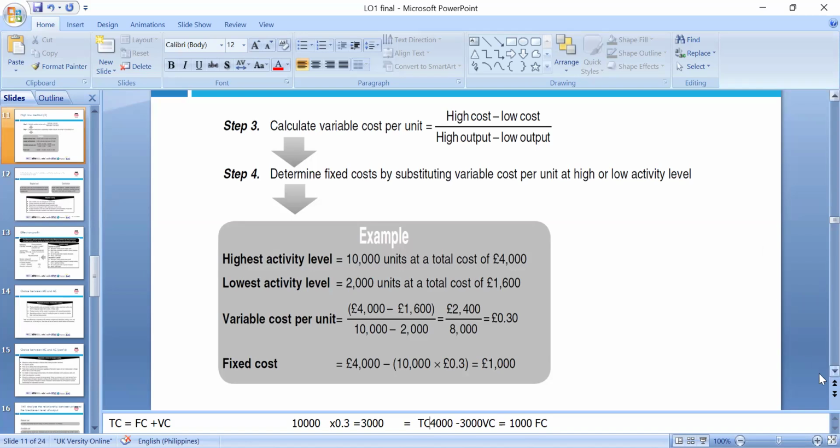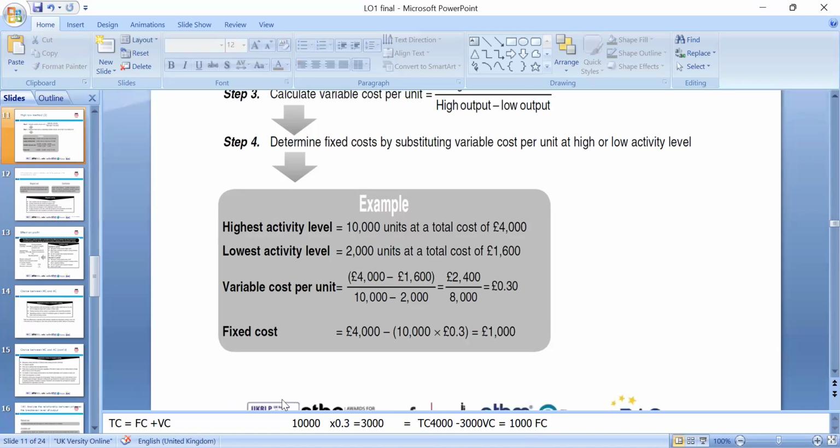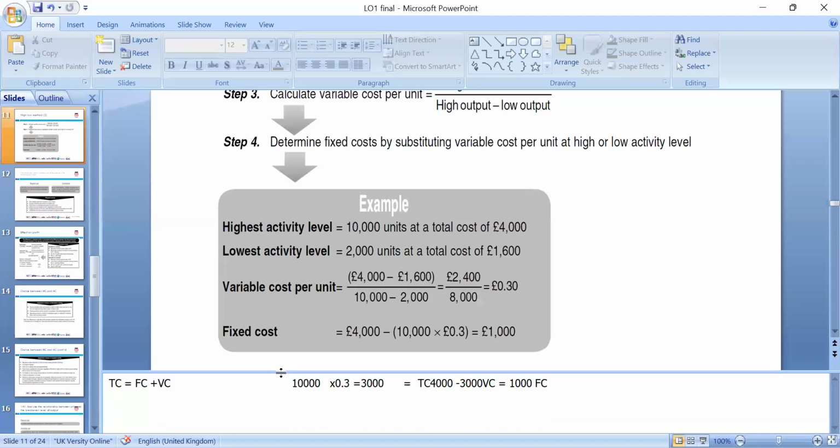I check now at the next level. How many units do we produce at the next level? 2,000 units times 0.3. Can we do it please now?